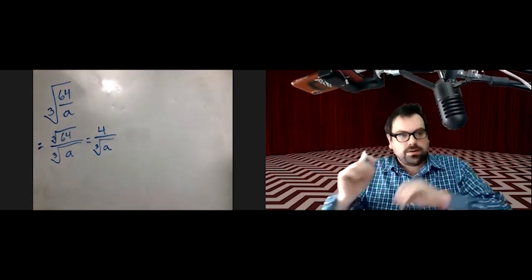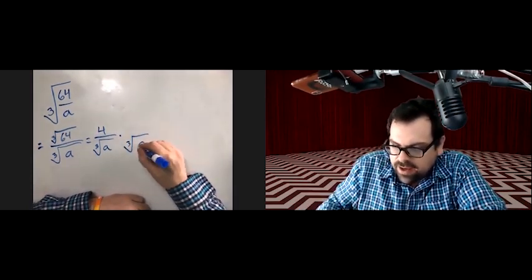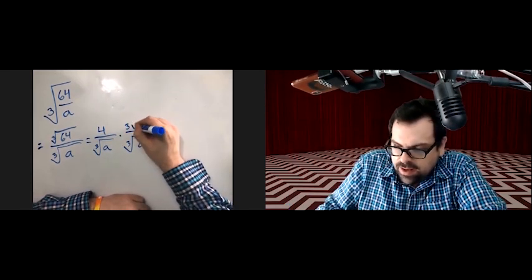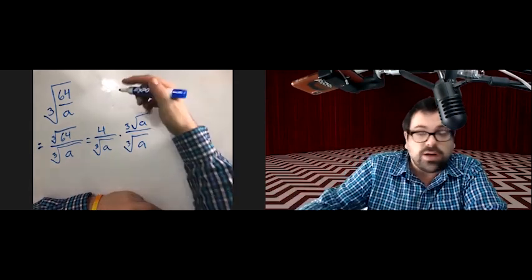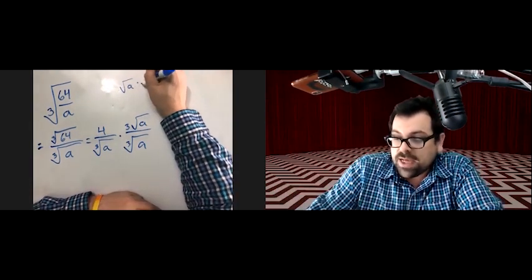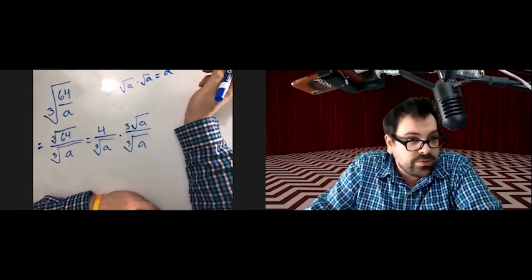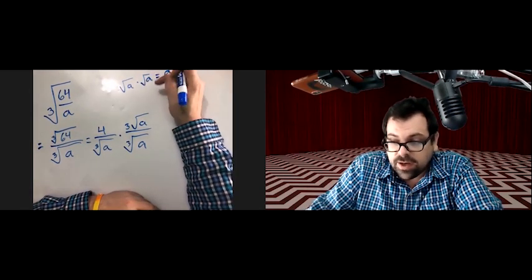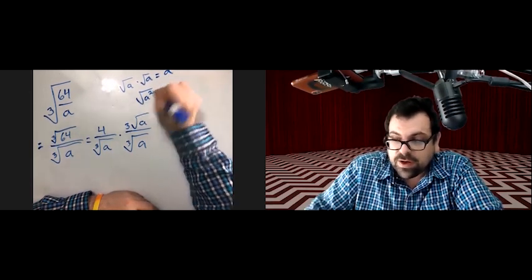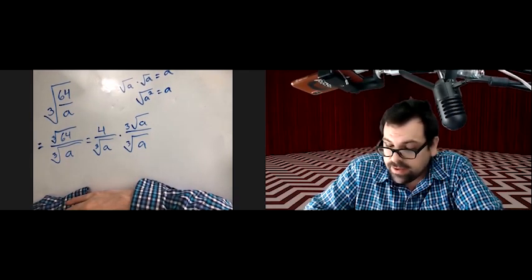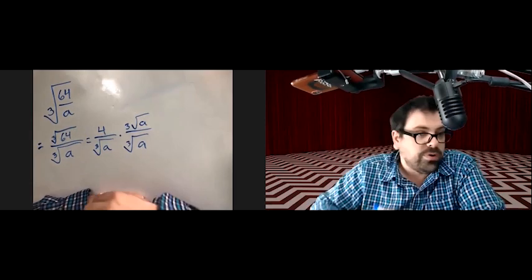Now here, we can't just multiply by the cube root of a over itself. Because unlike a square root, where a square root times a square root does get rid of the radical, because it's a square underneath a square root, and the square and square root cancel away, it's not a square that cancels a cube root.